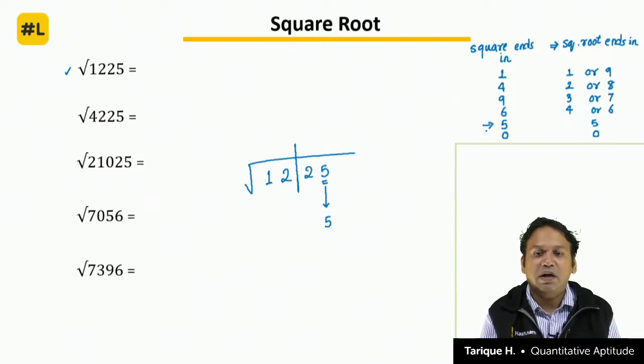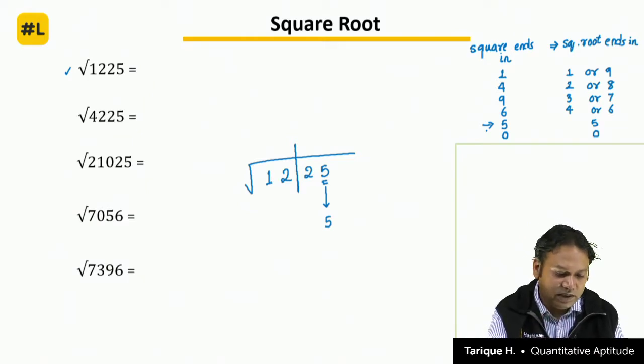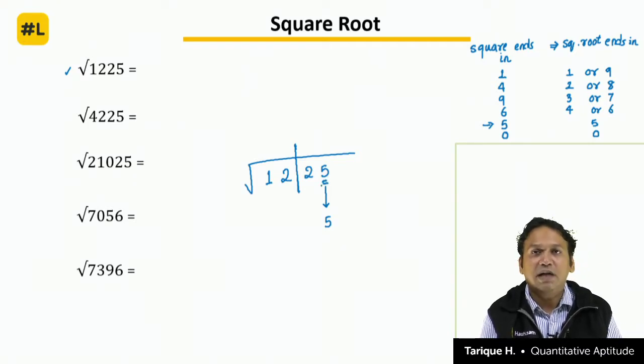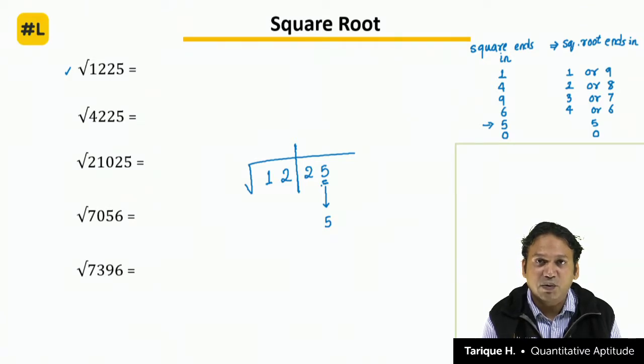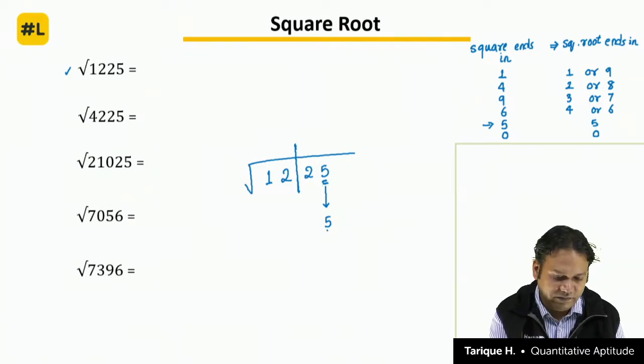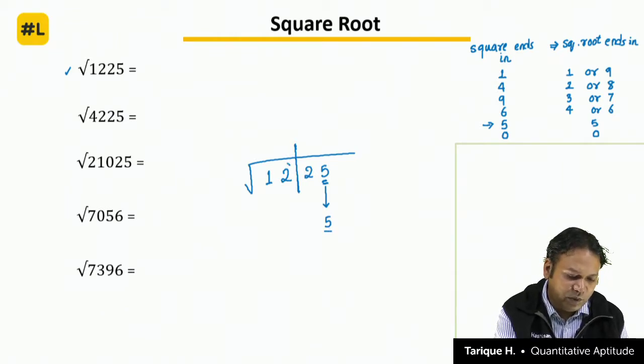So again let's see what is the first thing that you should do. You cut off the last 2 digits as I have shown you here, and taking the last digit here 5, if the last digit of the square is 5, then the last digit of the square root will also be 5. That is clear, very simple. Now what to do with the other number here, this number 12?